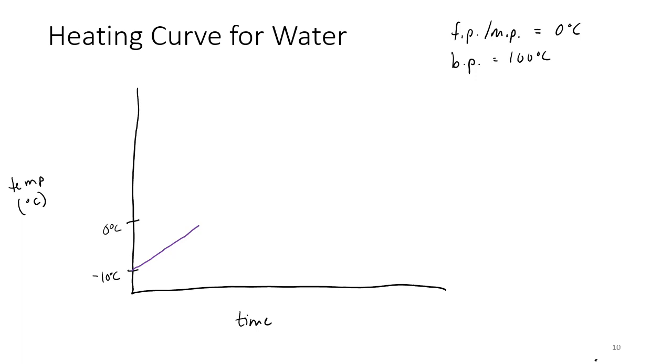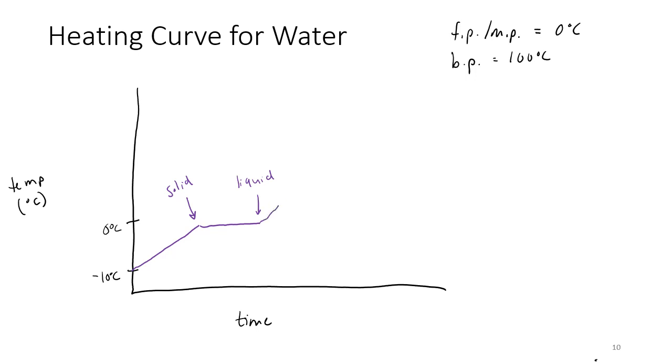At this point, we have solid water at 0 degrees Celsius. Any energy that we keep inputting into the system is going to be used to convert our solid into a liquid. After a certain amount of energy is gained, we will have liquid water, but it will still be at 0 degrees Celsius.